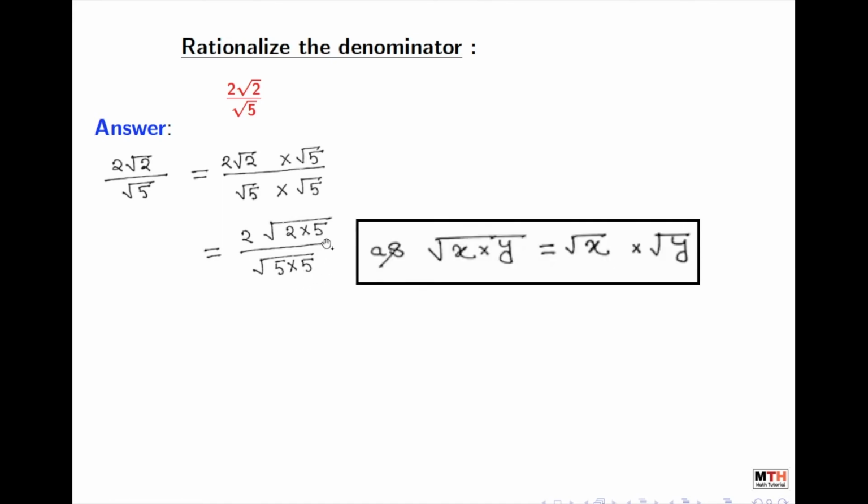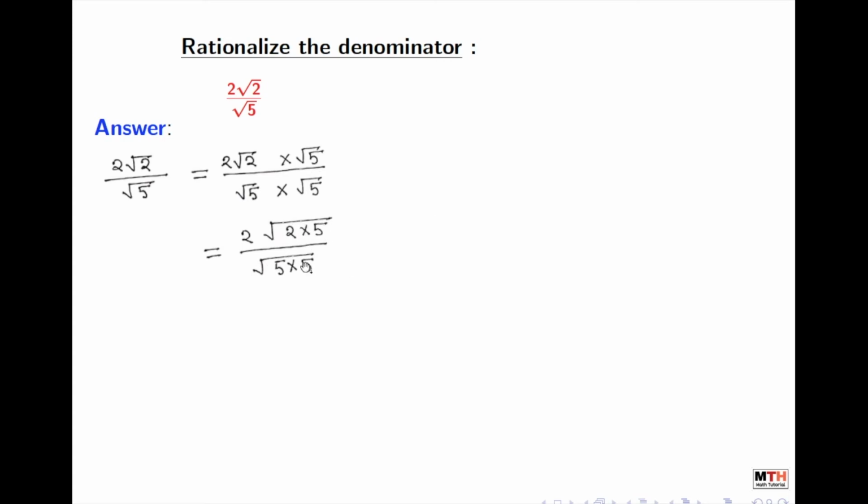Here we have used a rule which is square root of x times square root of y is equal to square root of x times y. Again multiply it and we will get 2 root 10 by square root of 5 square.